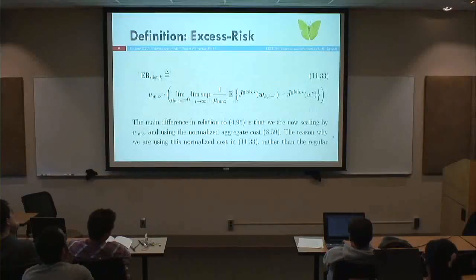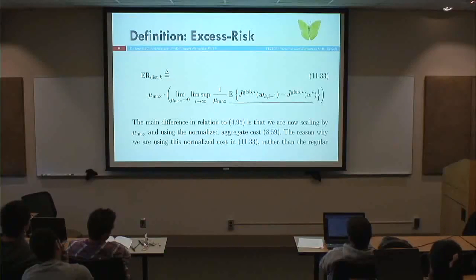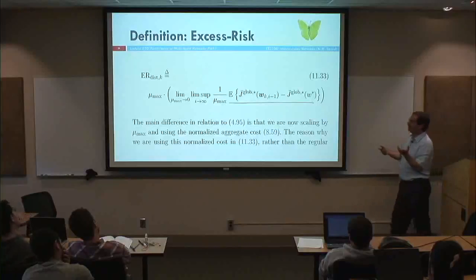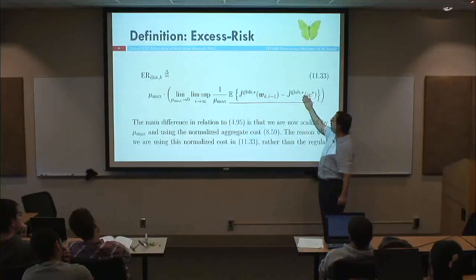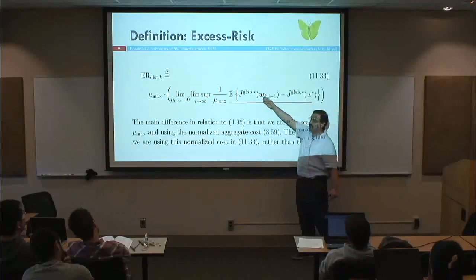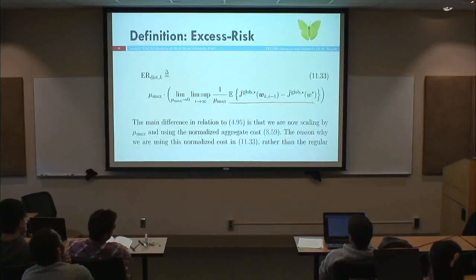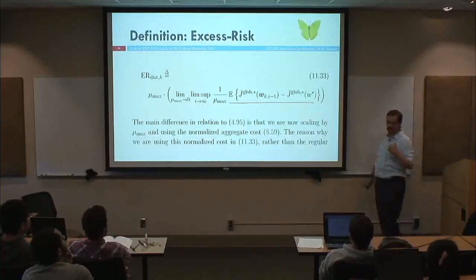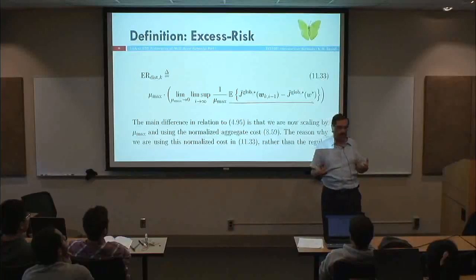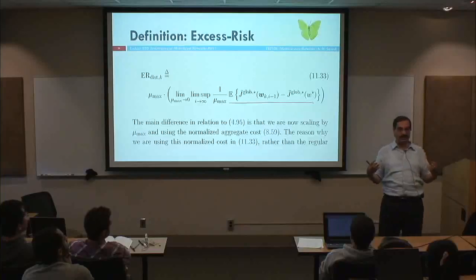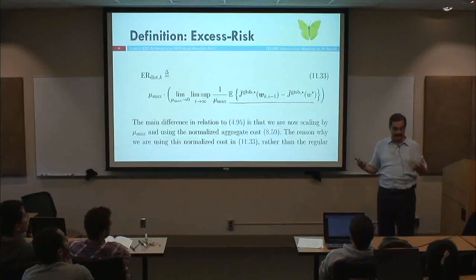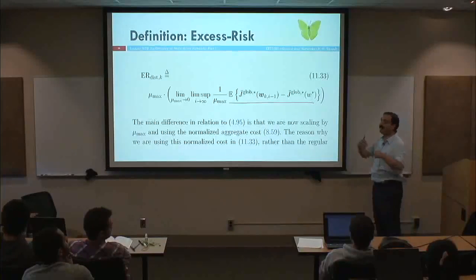Okay? So you see what the excess risk is measuring. It's measuring on average how close you are to the minimum you can get, right? This is the best risk you can hope for, and this is how close you are going to get to it, okay? You remember that in the machine learning algorithms we studied in 210A, the risk usually was related to the probability of misclassification, right?